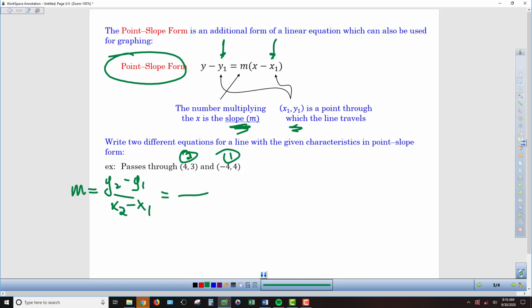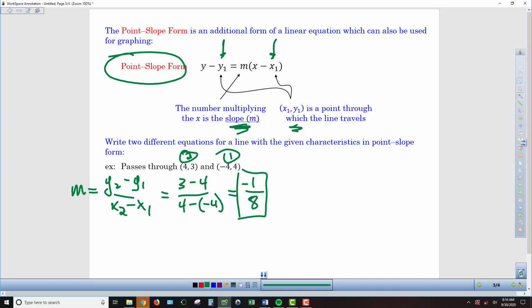So the y coordinate of point 2 is going to be 3 minus the y coordinate of point 1 is 4. The x coordinate of point 2 is 4 minus the x coordinate of point 1 is negative 4. So we end up with 3 minus 4, negative 1 on the top, and then 4 minus negative 4 is 8. So we have a slope of negative 1/8.